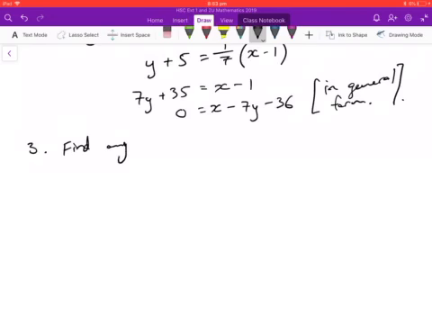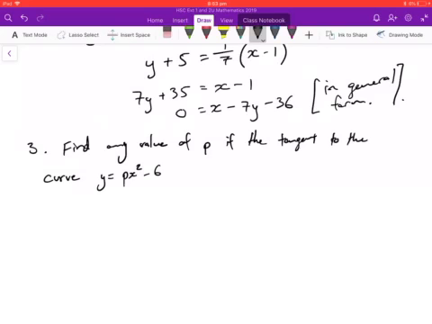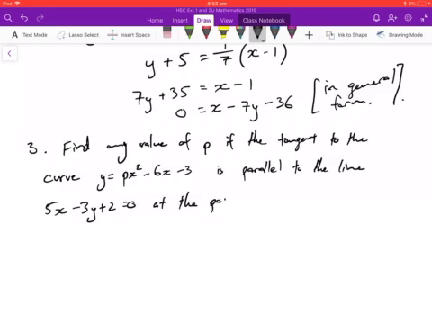Find any value of p if the tangent to the curve y equals px squared minus 6x minus 3 is parallel to the line 5x minus 3y plus 2 equals 0 at the point where x equals minus 3.